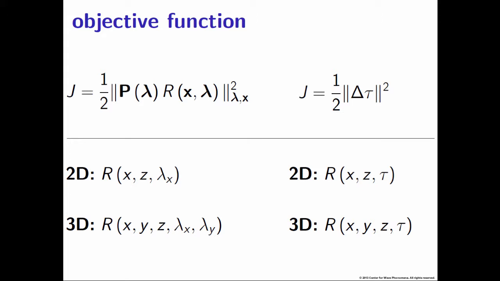But the more important thing to notice here is that in 2D, both methods are required to compute the gathers, which is a 3D cube. However, in 3D, DSO is required to compute the gathers, which are 5-dimensional hypercubes. But in our method, we are only required to compute the gather, which is a 4-dimensional hypercube.